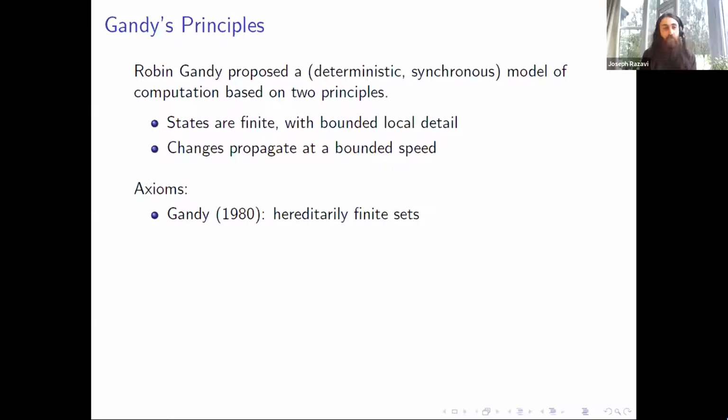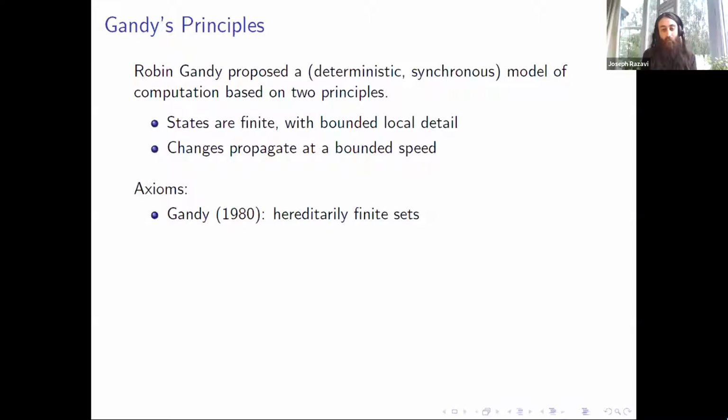It's as if he was thinking that if you were to write down your own model of computation which satisfied these principles, you might do it in set theory, and then he wrote down some very general constraints which it's very likely your model would satisfy if you wrote down a set theoretic version of it, which satisfied his principles. So this is very general, but these constraints are quite difficult to work with.